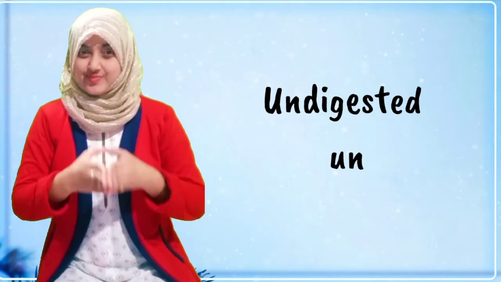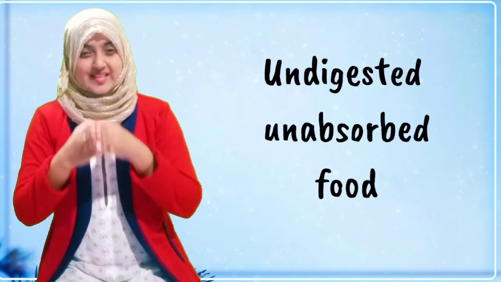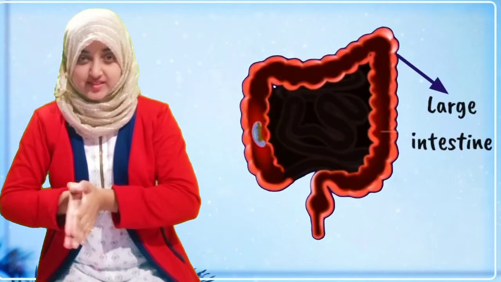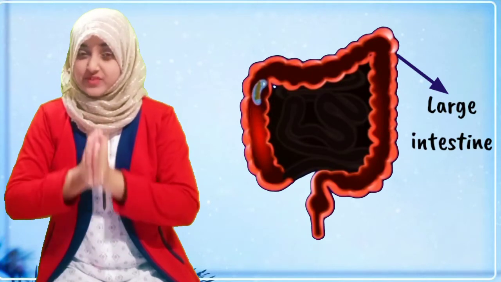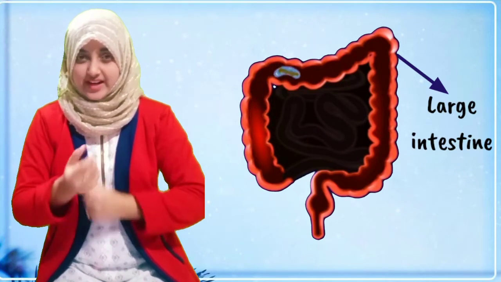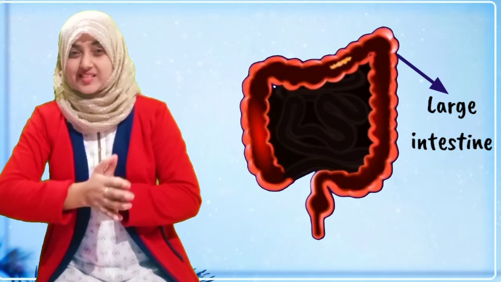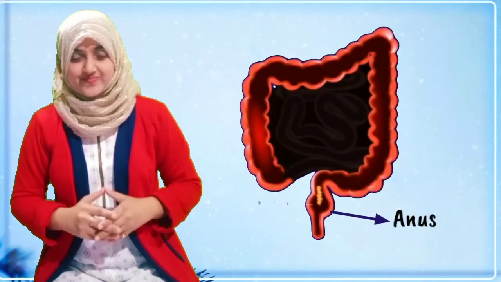What about the remaining undigested, unabsorbed food? It moves from the small intestine to the large intestine, where the villi absorb water from the undigested food, and the rest is removed from the body as waste material through the anus.